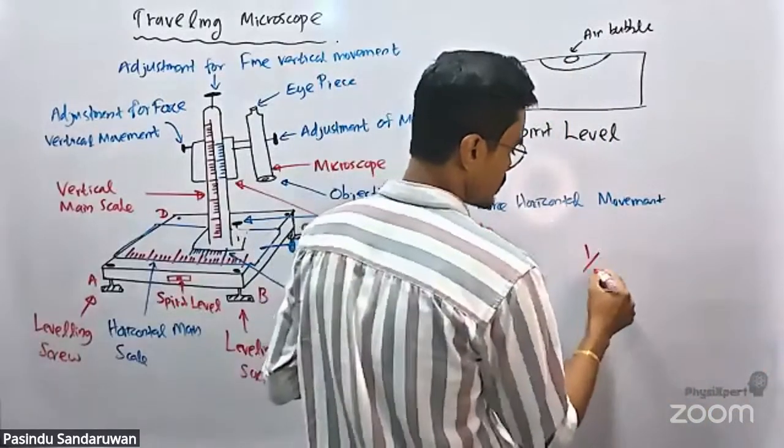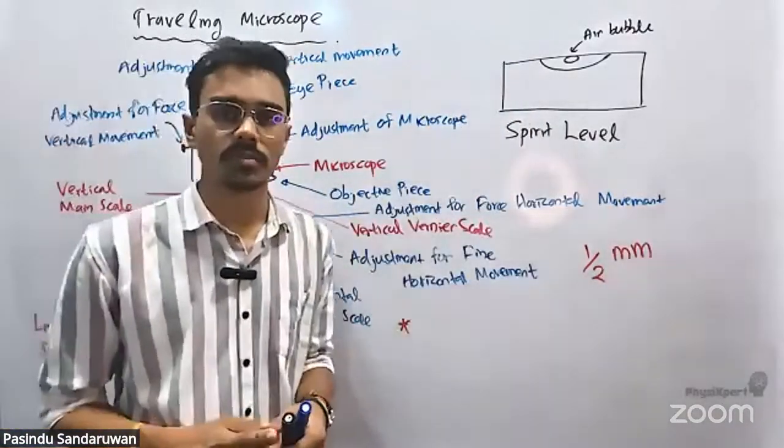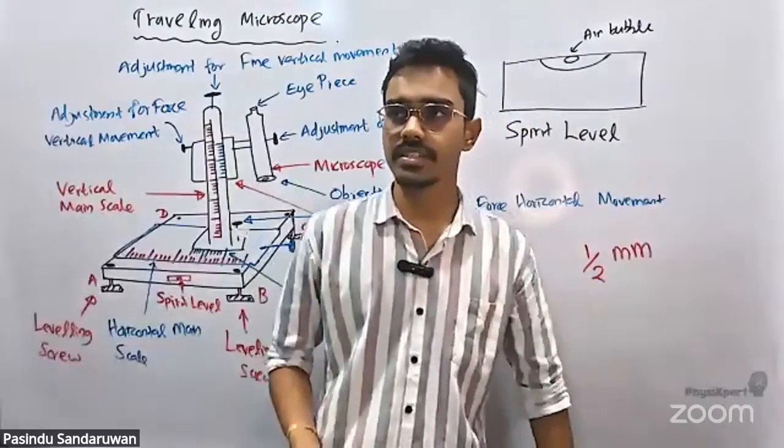Half millimeter, 0.5 millimeter. Main scale of traveling microscope is calibrated in half millimeter divisions.